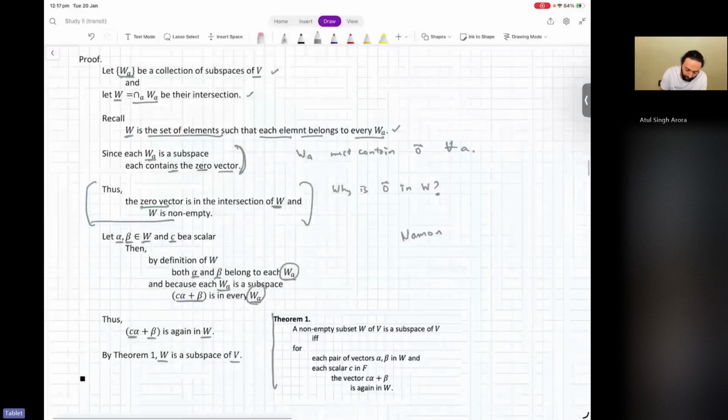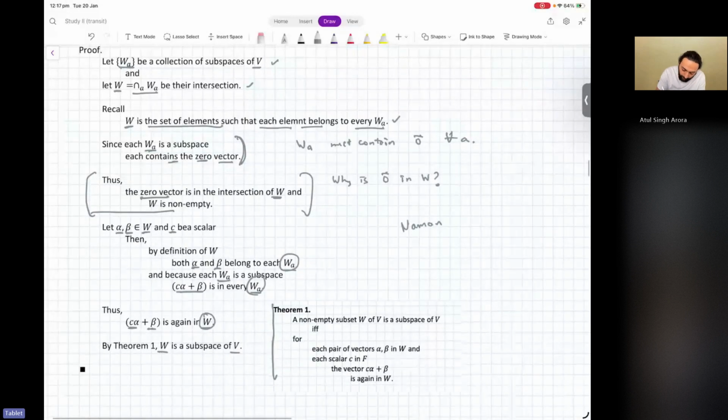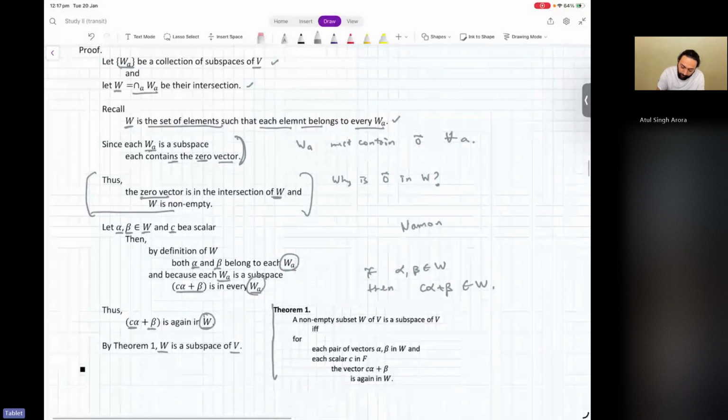The point is that we were trying to show that W satisfies the condition. So what did we show? We showed that if alpha, beta belong to W, then c alpha plus beta also belongs to W. And we already showed that the 0 vector is in W, right?